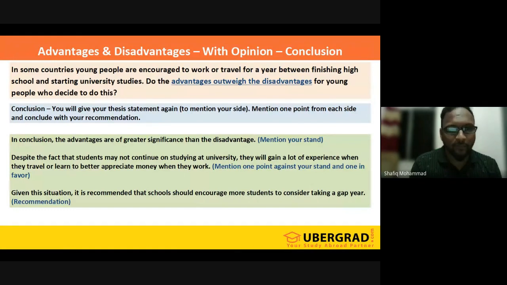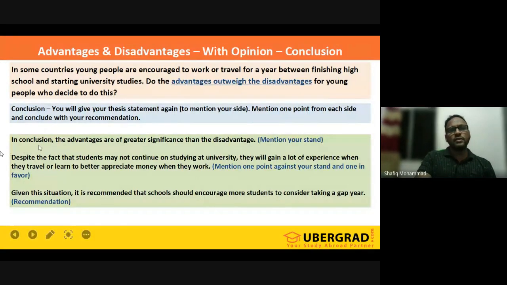That's better. Okay. In conclusion, the advantages are of greater significance than the disadvantages. So you're standing on your point. Then, despite the fact that students may continue studying at universities, they will gain a lot of experience when they travel and learn better and appreciate. So you're mentioning the point against your stand and one in favor, or a statement to it.